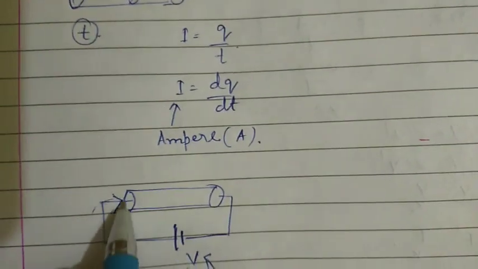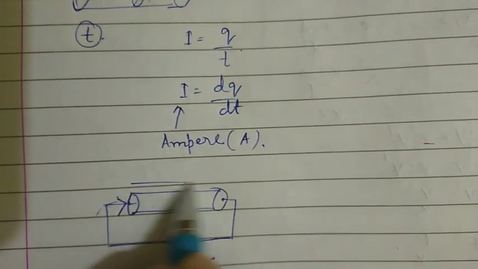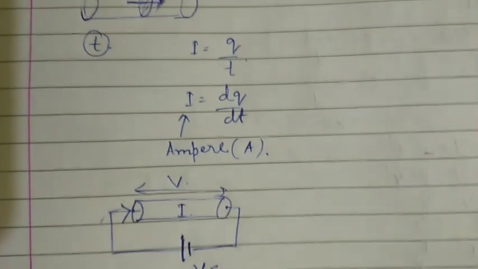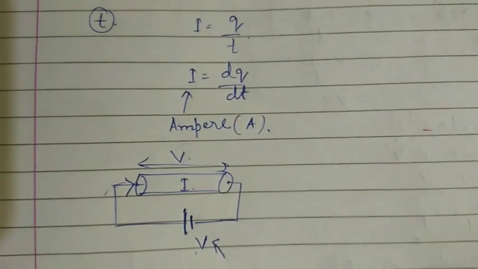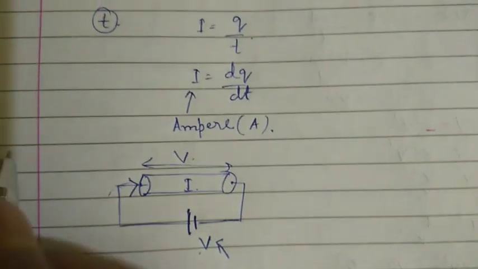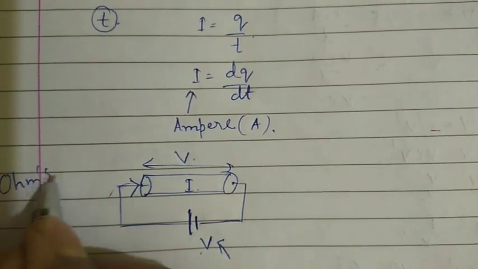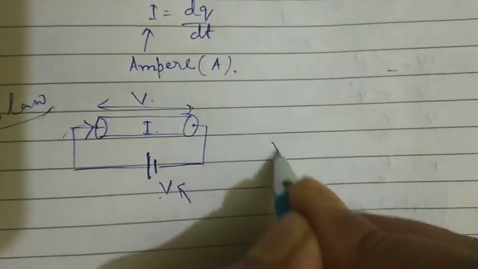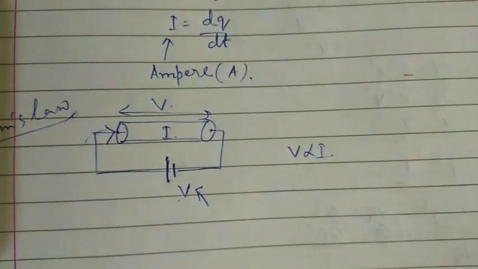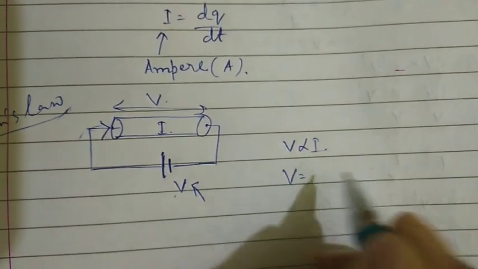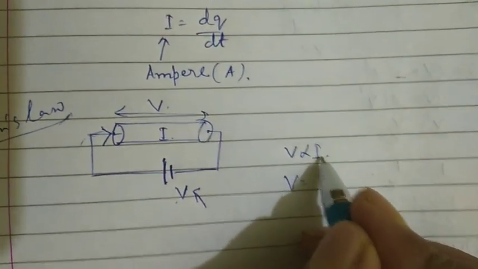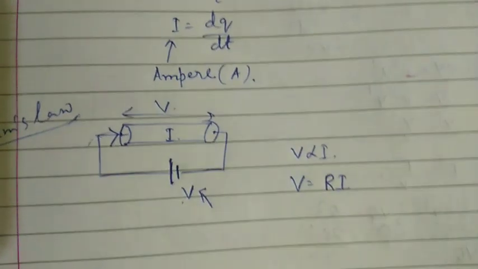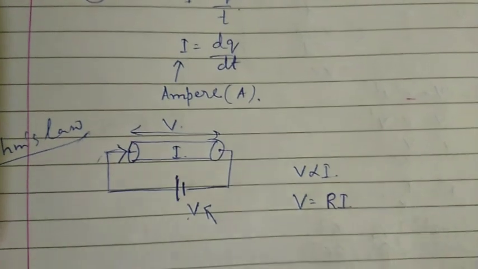Now if the potential difference across the conductor or wire is V, and the current through it is I, they are proportional to each other, and this law is known as Ohm's law. The mathematical form is V proportional to I. To make it an equation, we multiply the right hand side with a constant R, and it becomes V equals IR.